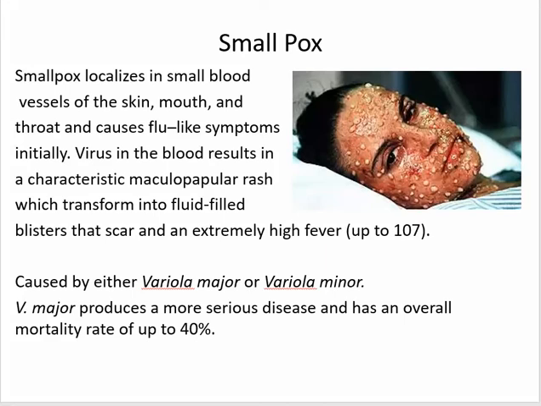Fortunately, smallpox has been basically eradicated. I have to say basically because there are samples of it in freezers and research labs and things, but it's been eradicated from the human population. So hopefully it's not something you will ever see, and it will not come back and bother humans again.